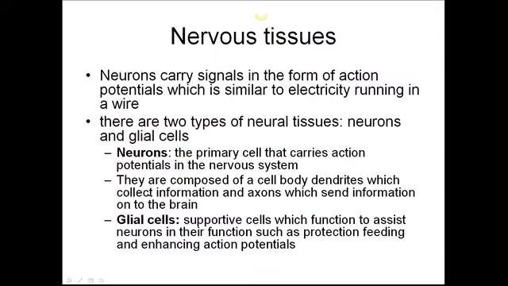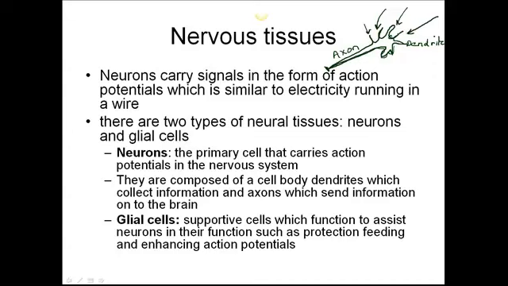Then our last category is nervous tissue, and neurons are the primary cell in the nervous system, and they look something like that. And they receive stimuli through these receptors here. These are called dendrites. And they send an action potential down this extension called an axon.